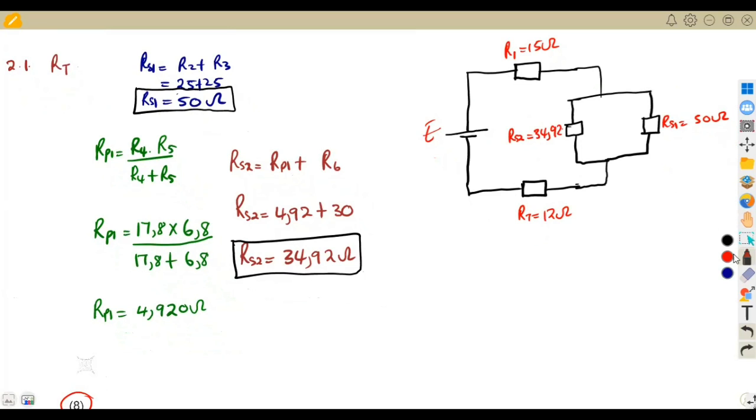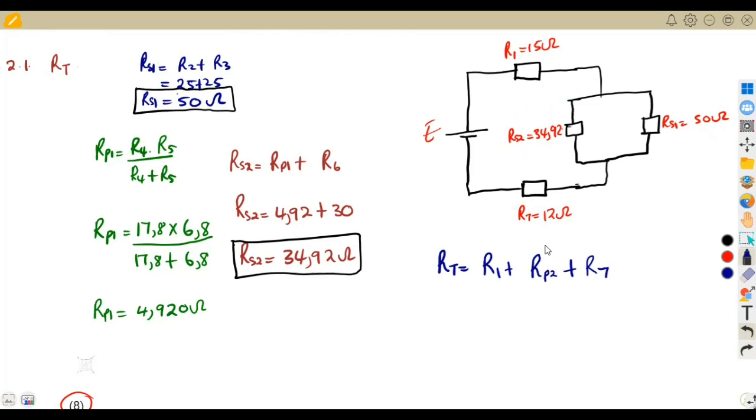So meaning to say at the end, we are going to have our formula for RT as R1, this one, plus the combination that you're going to obtain here. You combine these two resistors in parallel. So we are going to have another parallel combination. Let's just call it RP2 since we have got RP1 here. After this, you are going to this R7, to find the total resistance.